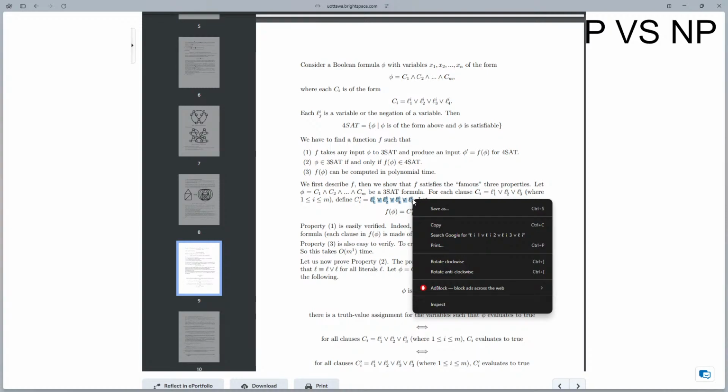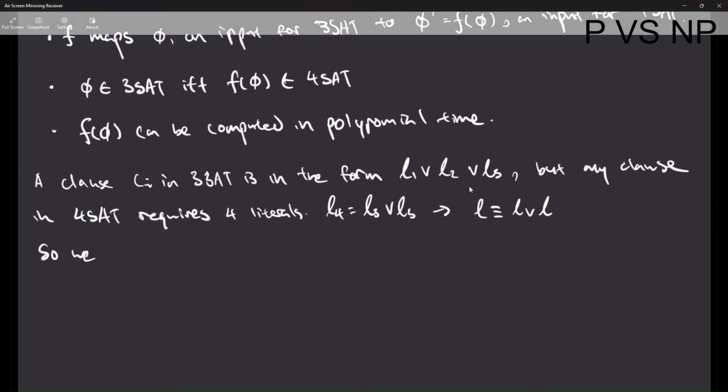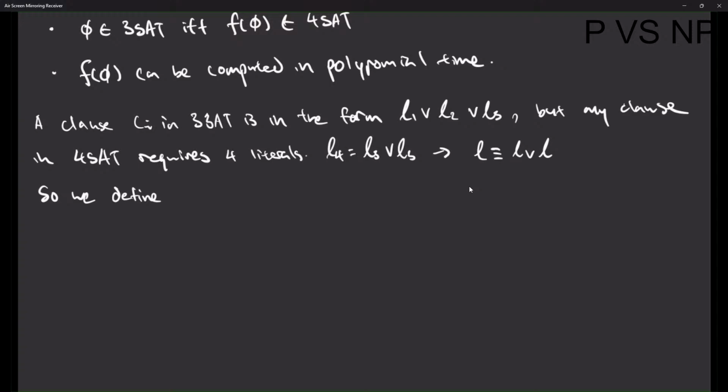So we define C prime i equals L1 or L2 or L3 or L3.